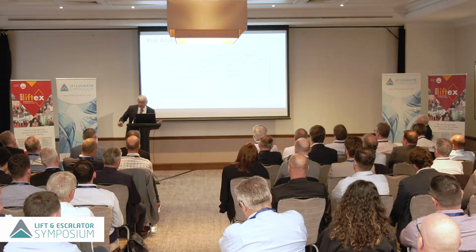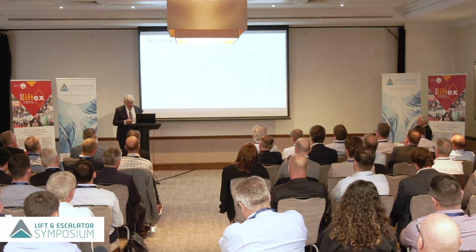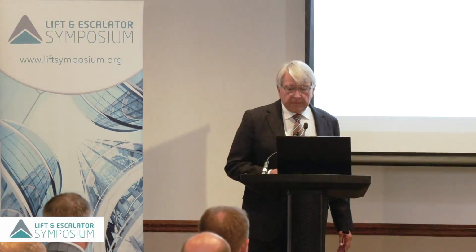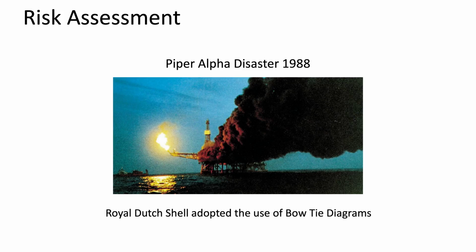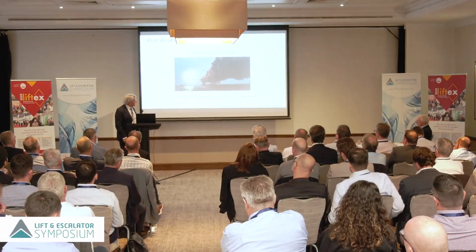This is a typical simplified system, and that's where Bowtie diagrams come in. And Bowtie diagrams actually came about as a result of a fire on an offshore oil rig in 1988. And they'd existed, but it was a Royal Dutch Shell platform.